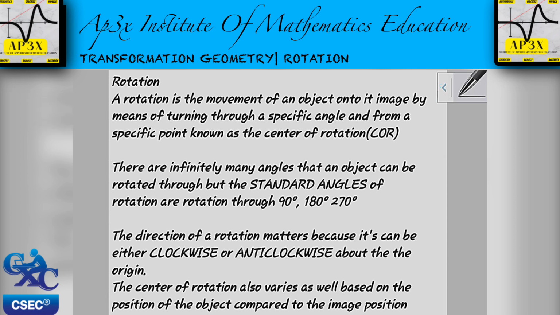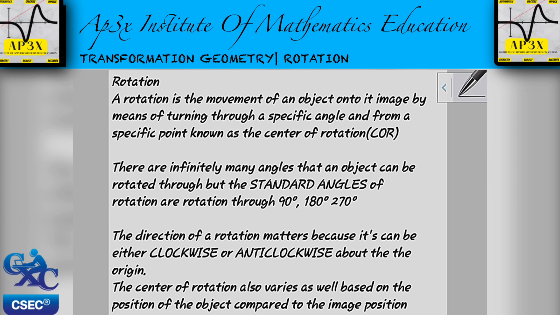You must consider the angle through which the object is being rotated. We refer to that as the angle of rotation. You must also bear in mind where the object is being rotated from, and that is what we refer to as the center of rotation.